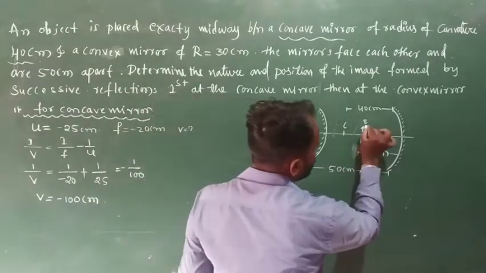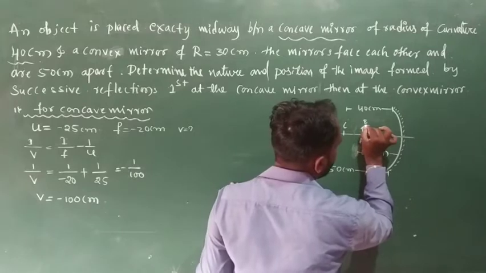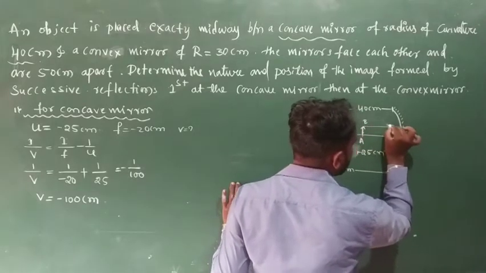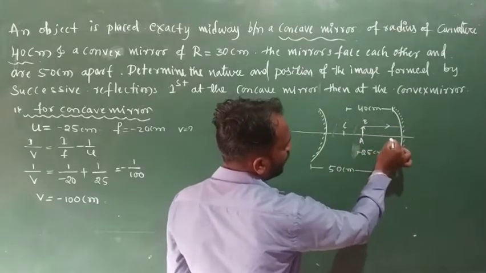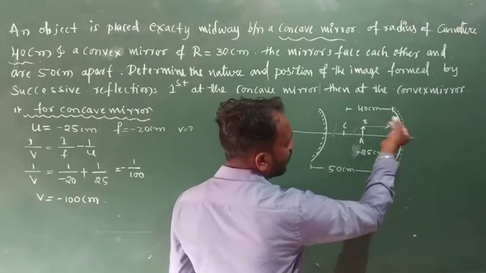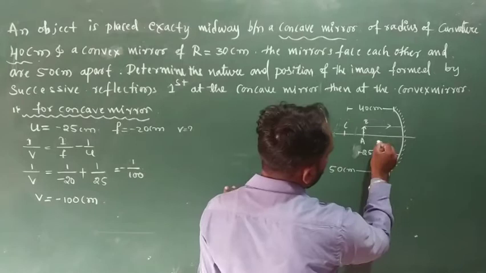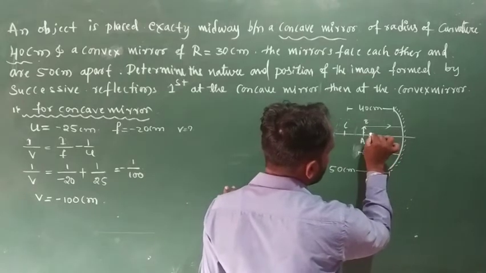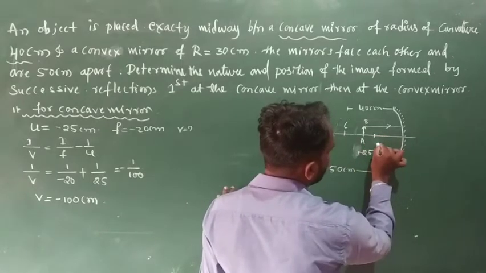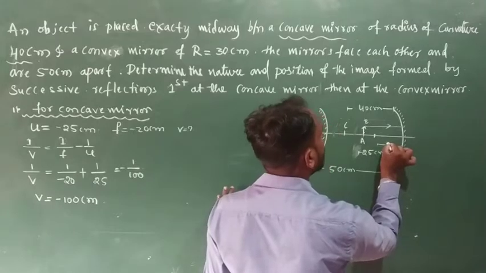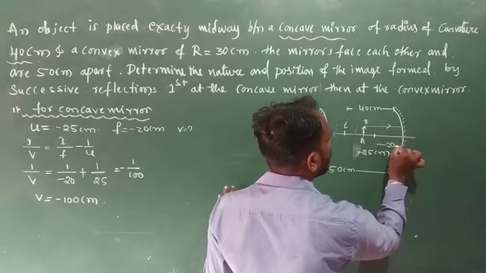This is the incident ray, and this light ray is reflected. Since 40 is the radius of curvature, the focal length is exactly 20 centimeter.